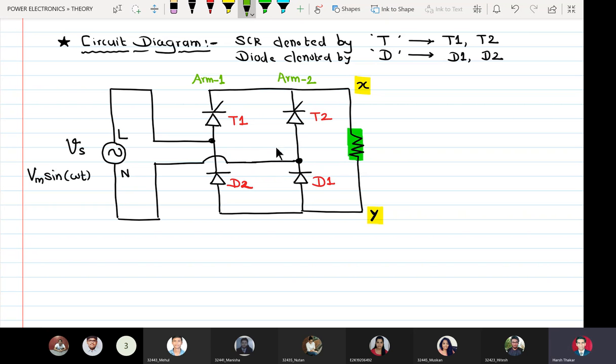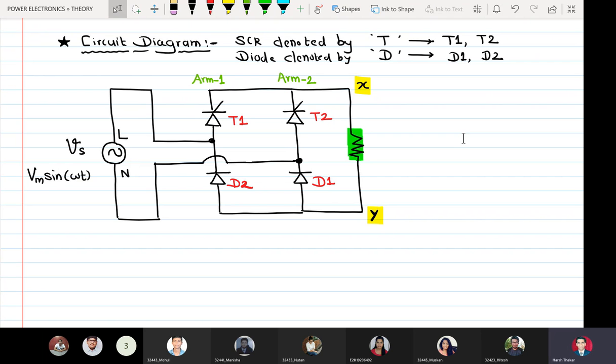But here there's only one difference, that here there is a dependence of D1 to conduct on T1. Similarly, there is a dependence of D2 to conduct on T2. So whether D1 will start conducting or not will depend whether its partner T1 has started conducting. Similarly, D2 will start conducting depending upon whether its partner T2 has started conducting.